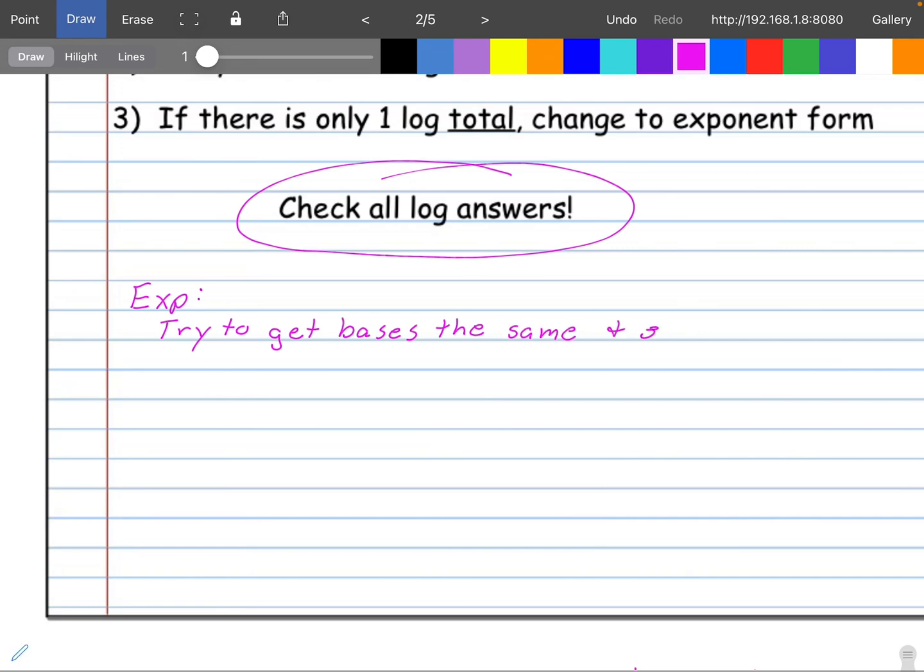So try to get the bases the same and set exponents equal. If you can't get the bases the same, then you're going to take the log of both sides.